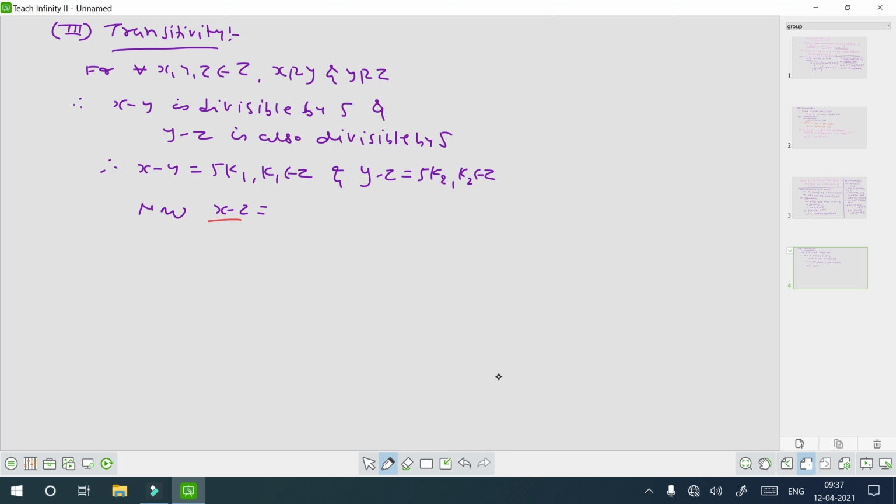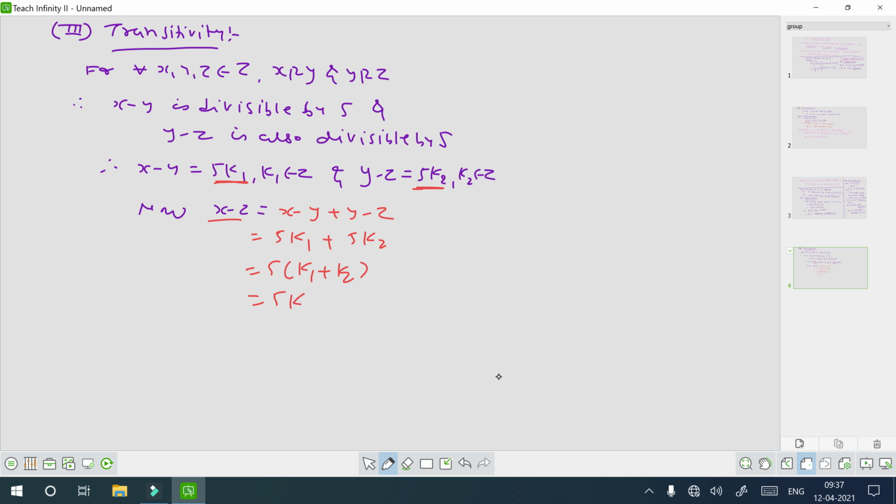x minus z is equal to, can I write, x minus y plus y minus z? Subtract and add y. Yes or no? What is x minus y? 5k1. What is y minus z? 5k2. Take 5 common. What do you get? k1 plus k2.